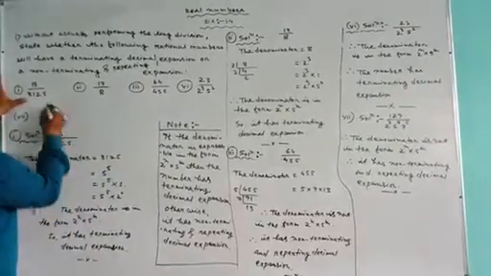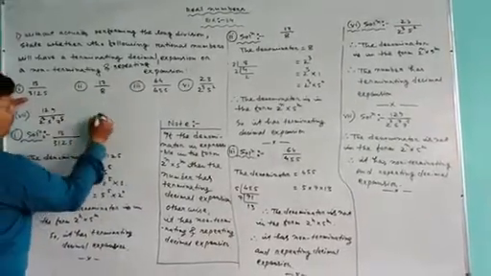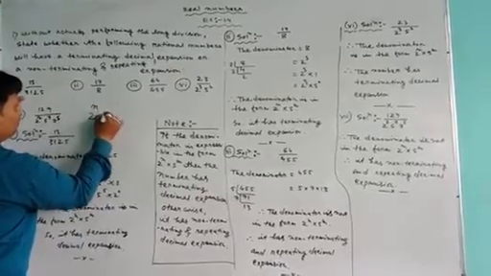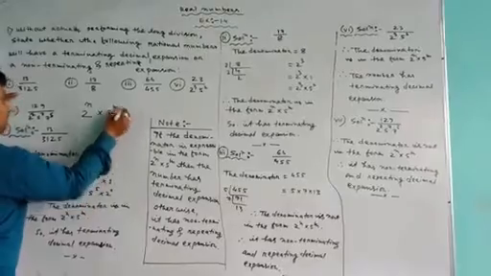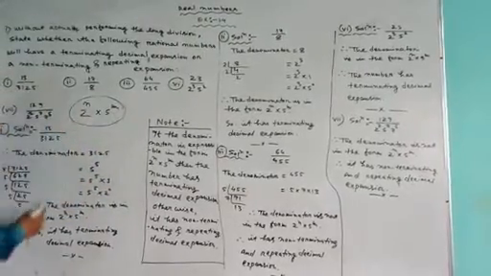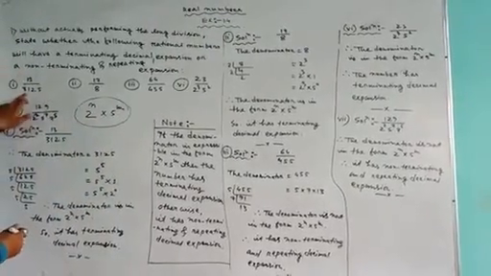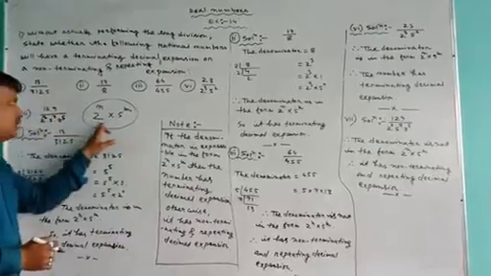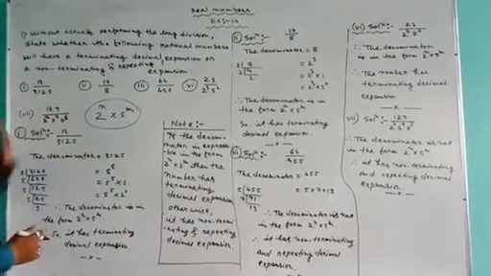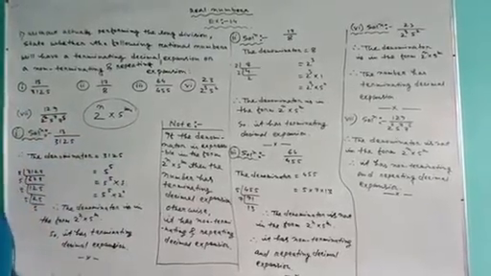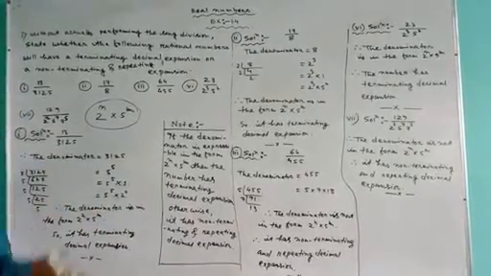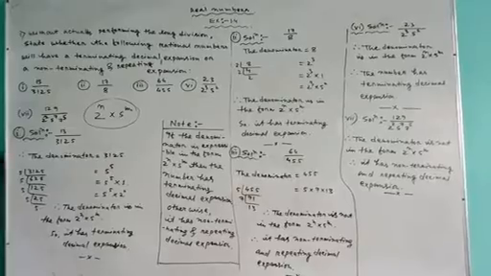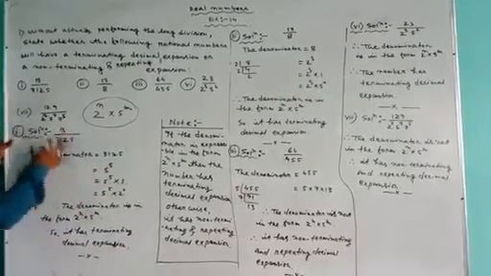If you can express the denominator in the form of 2 to the power n into 5 to the power m, then that number has terminating decimal expansion. Otherwise, non-terminating and repeating decimal expansion. Okay, it is the concept, and that way you have to proceed.